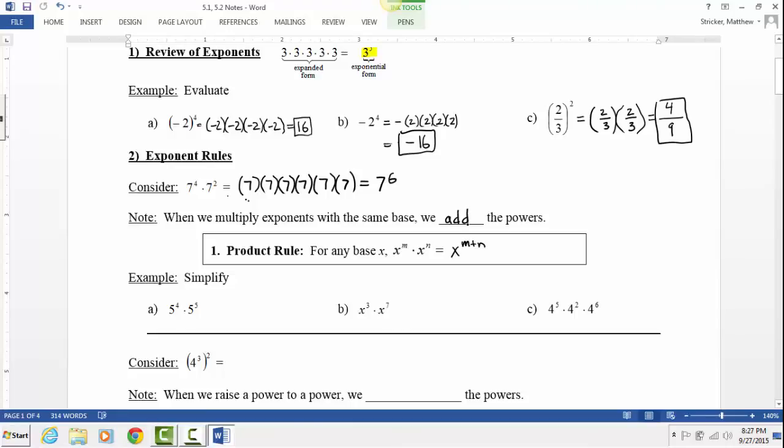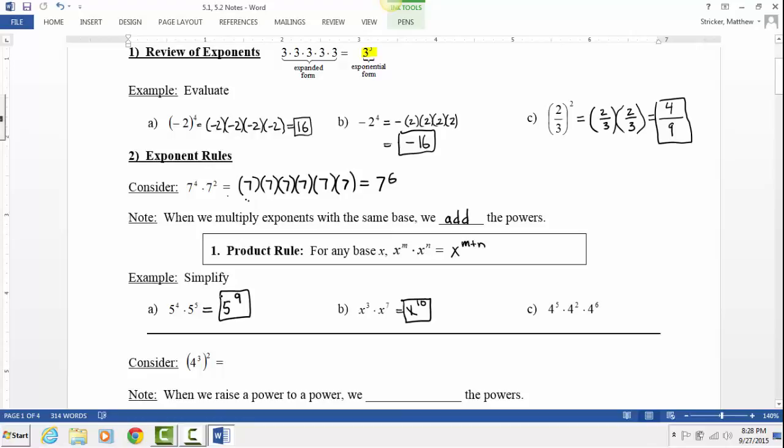And so we can do that in each of these examples. This first one would be 5 to the 9th power. We're going to add 4 plus 5. The next one would be x to the 10th power, because 3 plus 7 equals 10.